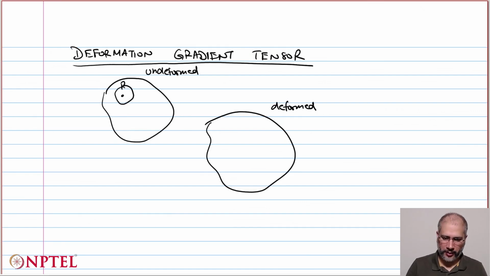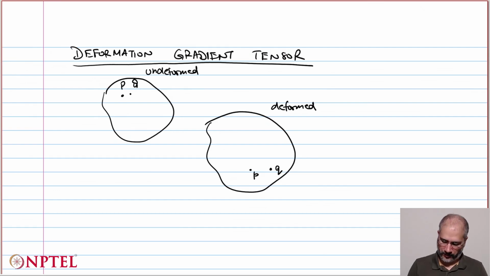So if point P goes to small p here, then I would want to understand how a point Q, let's say, which was close to P in the undeformed configuration, where would it have gone in the deformed configuration? Of course, this point Q is arbitrary. We can move around the point Q and figure out what happens around the material point P as the body deforms. And this will give us information about what is happening in terms of the specified deformation that is given.